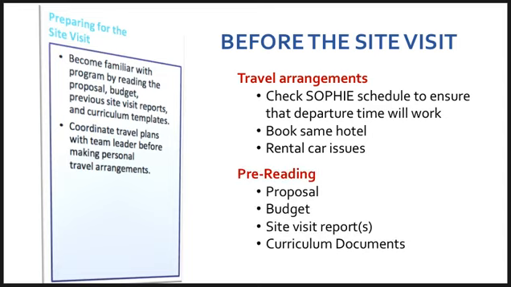Then make sure that you do your pre-reading. Give yourself time, because these are lengthy documents. Proposal, budget, and site visit reports, as stated previously, are available now. Curriculum documents: the number of curriculum documents will depend on the type of program. Teacher programs usually have one curriculum.